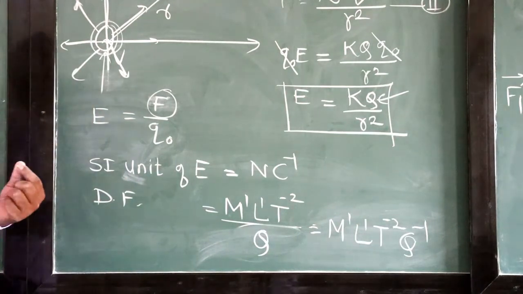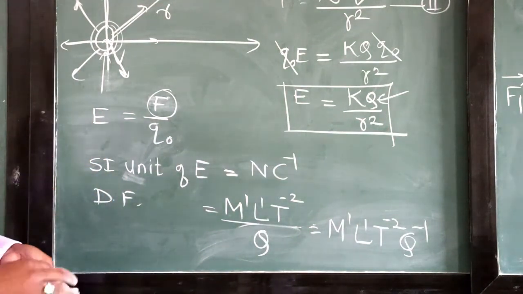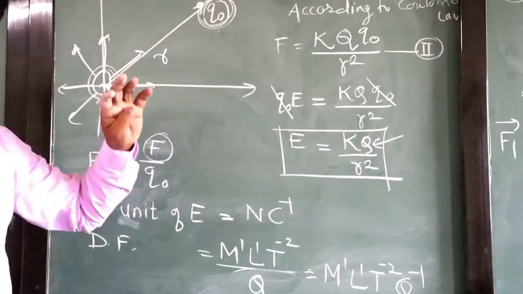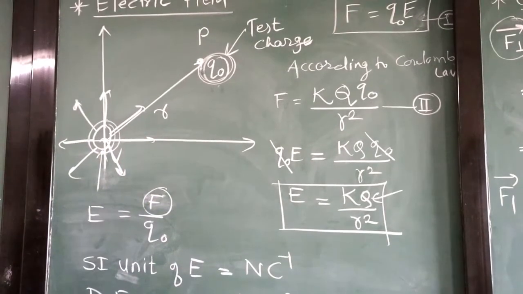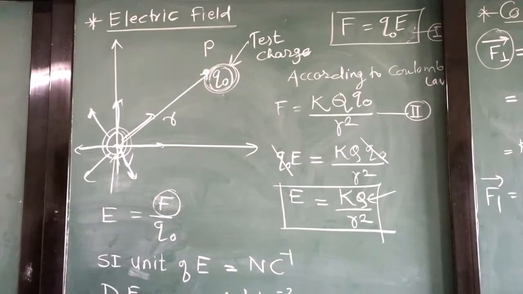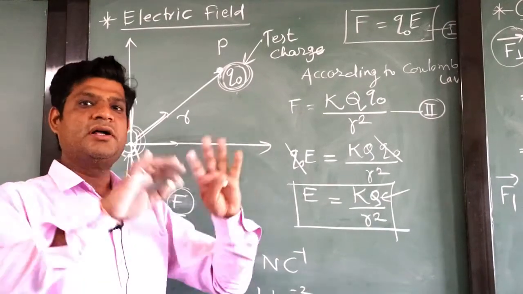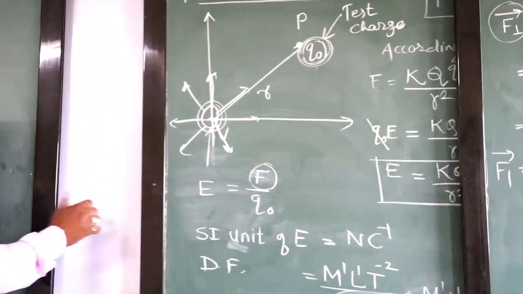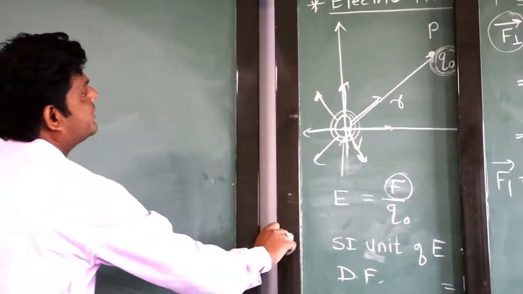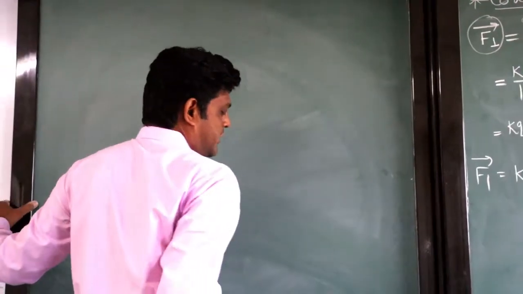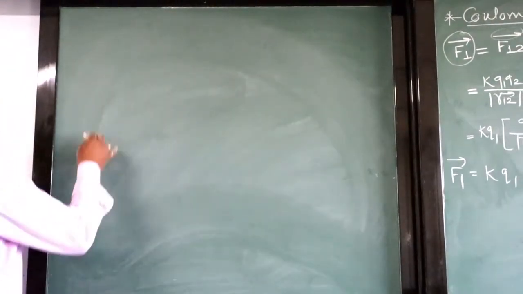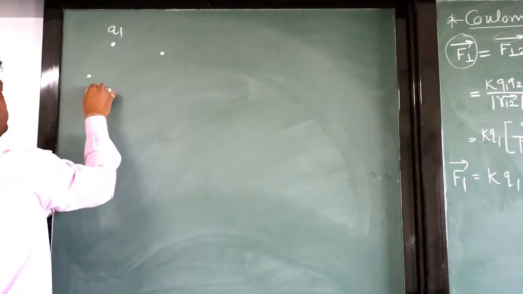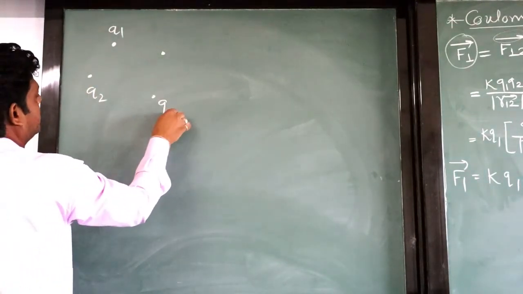Before studying characteristics, we will see here also, instead of one charge particle, if more than one charge particles are present, then how we can calculate the electric field due to the number of charges. See here, suppose we are having Q1 charge, Q2 charge, Q3 charge.